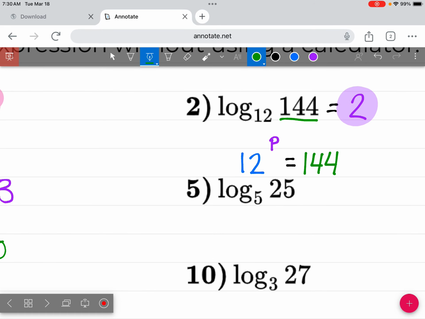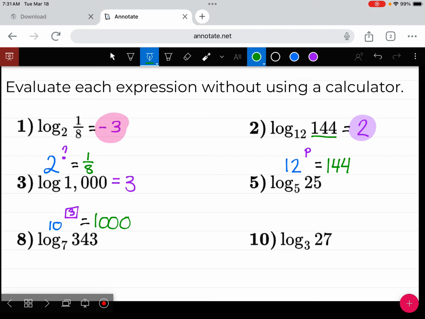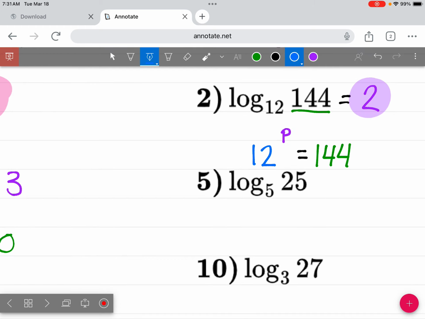All right. Let's look at number 5, and then 8, and then 10, and then we'll do number 6. So log base 5 of 25 means we're looking for 5 to what power gives us 25? 2. 5 squared.